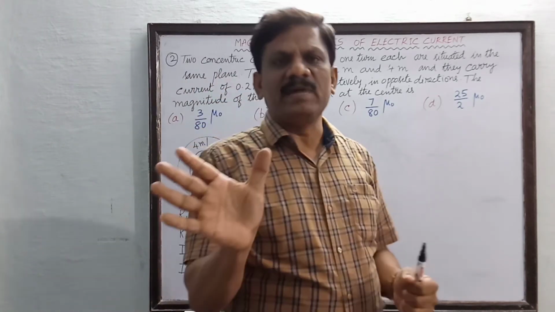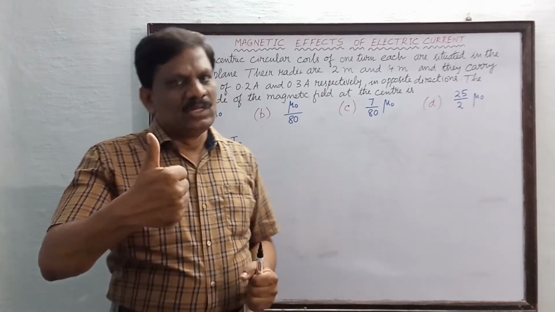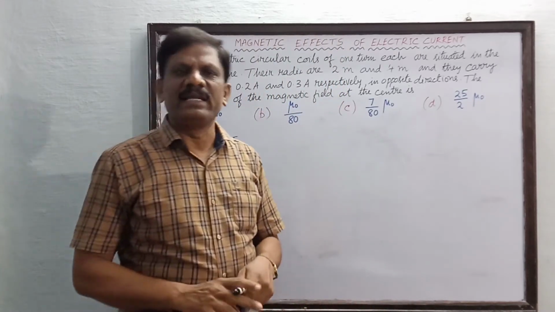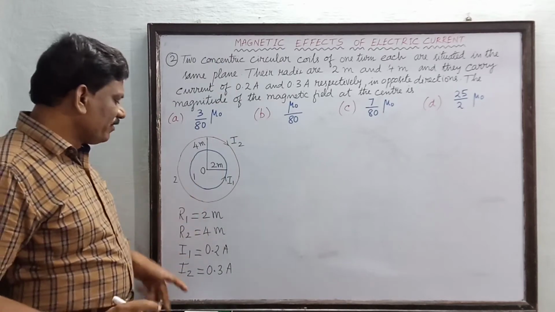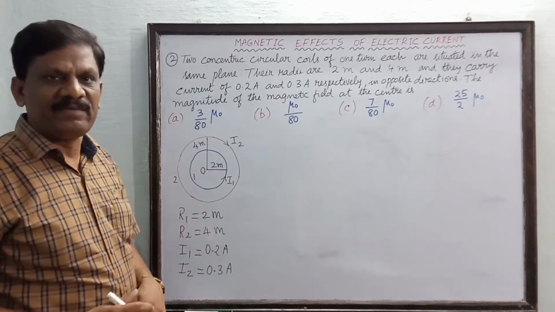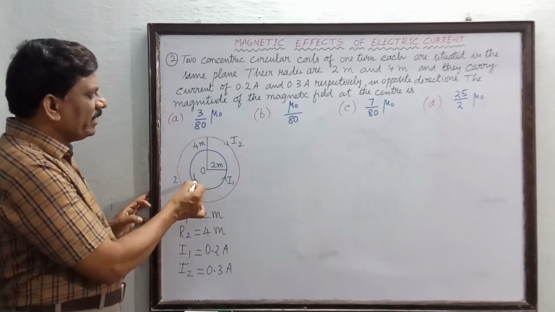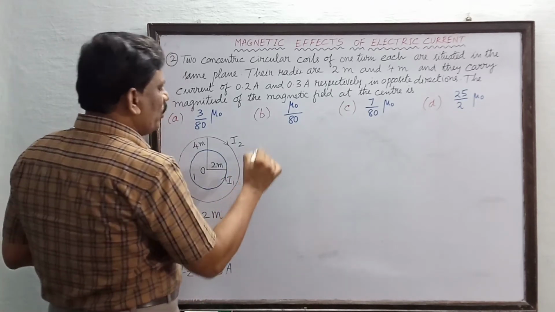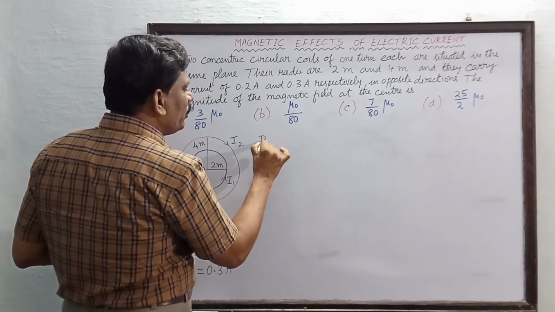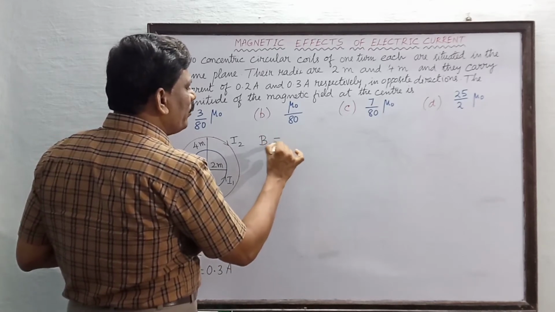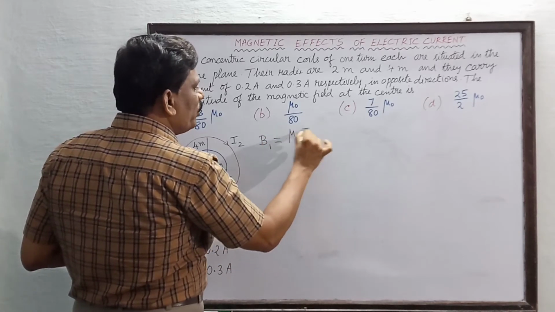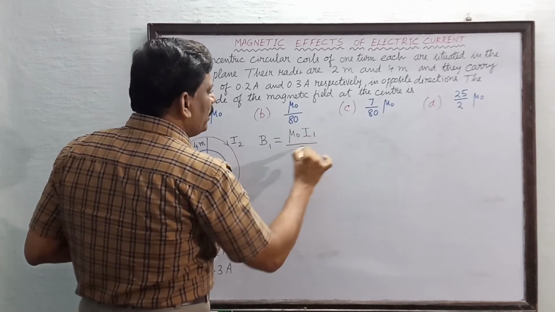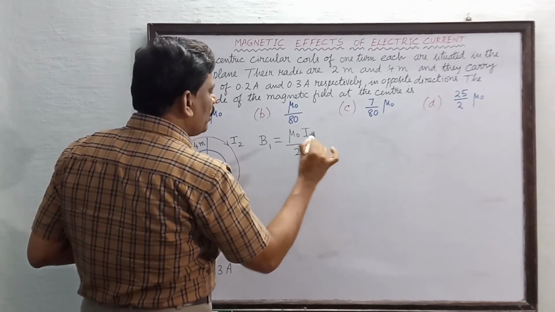So by using Maxwell's right hand rule, we can find out the direction of the magnetic field. First of all, the magnitude of the magnetic field I will find out. The first coil is carrying a current I1 equal to 0.2 ampere. So the magnetic field due to the first conductor, I will take it as B1. This is equal to mu naught into I1 divided by 2 into R1.